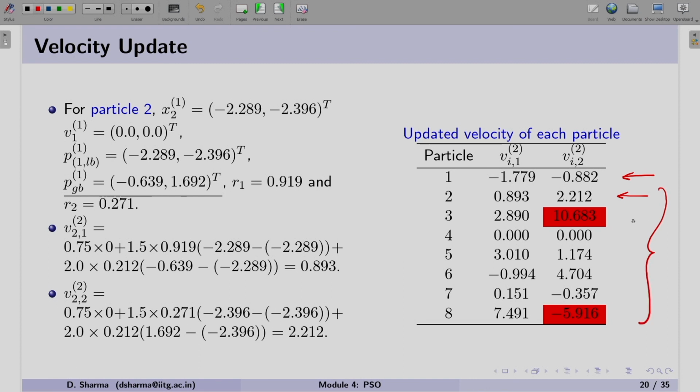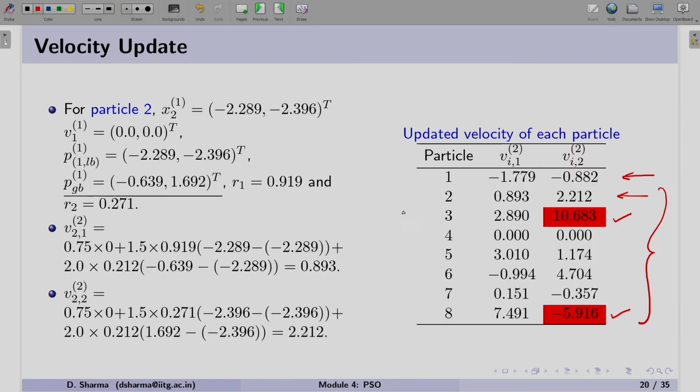Now, there are two columns which we have put in red color. It is because, you remember, the variable bound for the given problem lies between -5 to +5, but these particular components are already large values: more than +5 in the velocity for particle 3, and less than -5 in the case of particle 8.